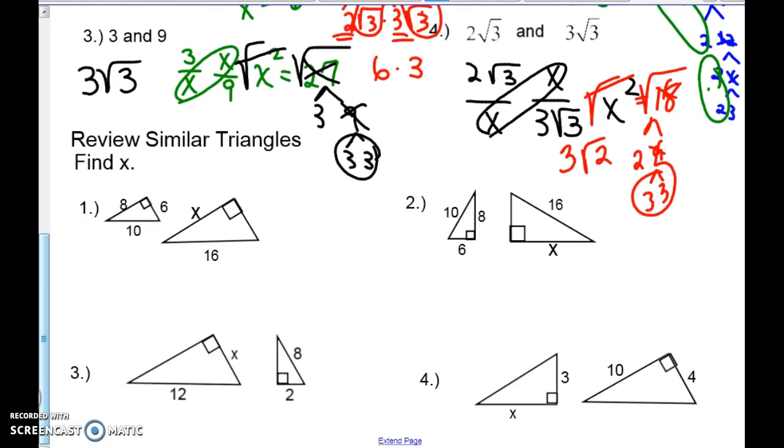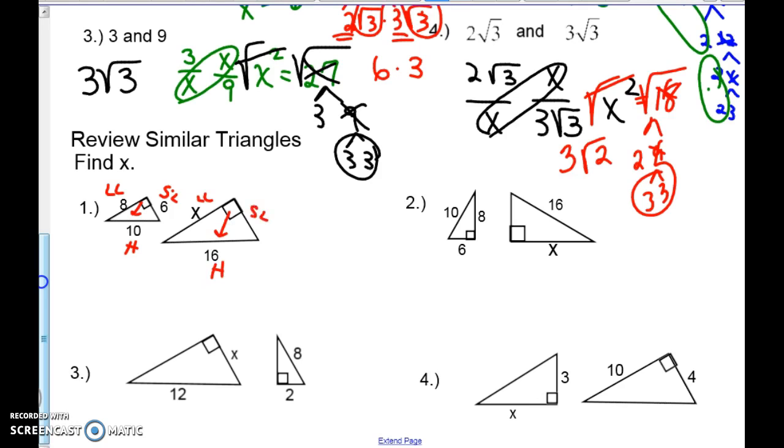Now we're going to review about similar triangles and setting up those proportions, right? And I told you when you were doing those to label them. The one across is your hypotenuse, and then you have your long leg and your short leg. Remember, your long leg is not the longest side, your hypotenuse is. So on this one over here, this one is my hypotenuse, and this would be my long leg and my short leg.